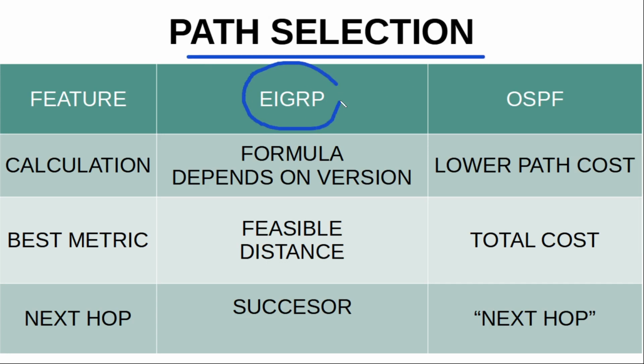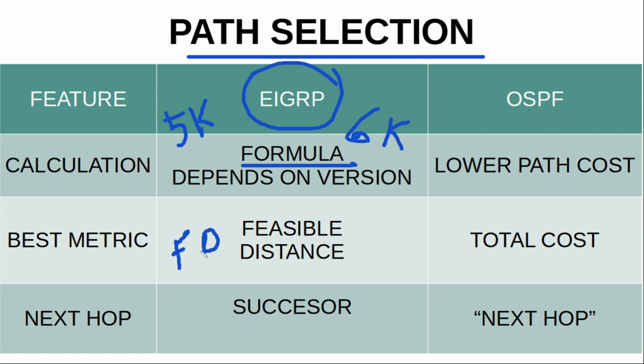Now let's see how the path selection happens. With EIGRP, we are going to use a formula. We have two formulas, mainly the 5K formula, which is the classic metric formula, and the 6K formula, known also as the wide metrics formula. Using these formulas, we are going to choose the best metric to reach a destination, which is the lowest metric, and we are going to call that the feasible distance.